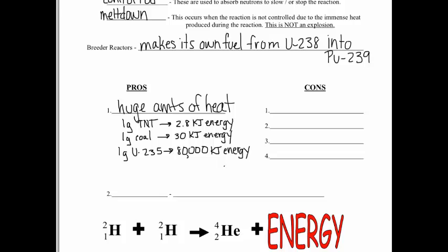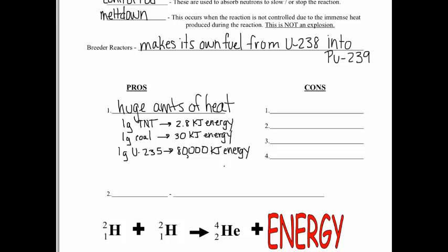So you can see per gram that a nuclear power plant produces a huge amount of heat. Might be scary to you, but it's really per gram the best way to produce heat, which then we use to boil water, which the steam would turn the turbine and create the electricity.